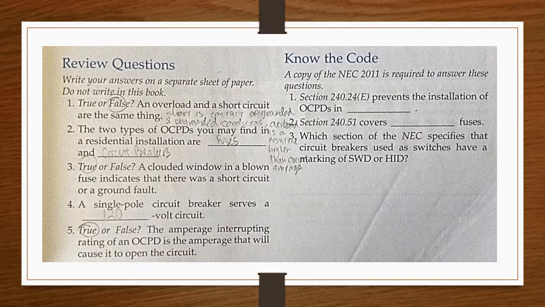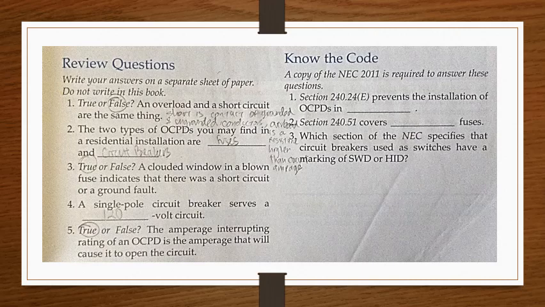So you have to know the difference between the OCPD interrupting rating, which is the much higher rating, 10,000, 20,000, 200,000 amps, and the normal rating of the OCPD, the normal amperage rating, which is usually 15 amp, 20 amp, 30 amp, 40 amp, much lower.